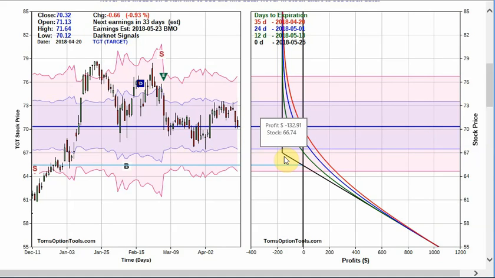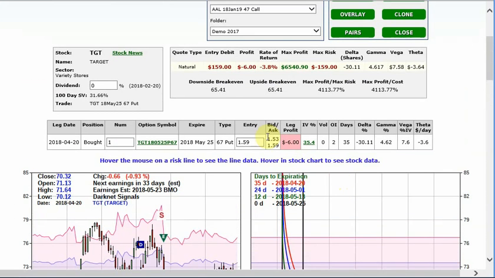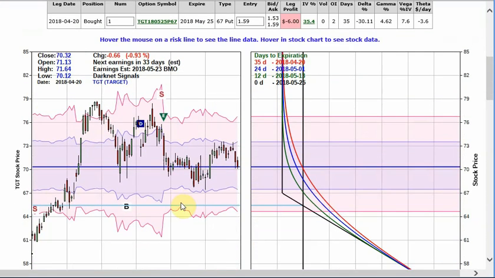If the price goes down to $64, let's say on this blue line, then we will make approximately $239 off of a $159 investment.